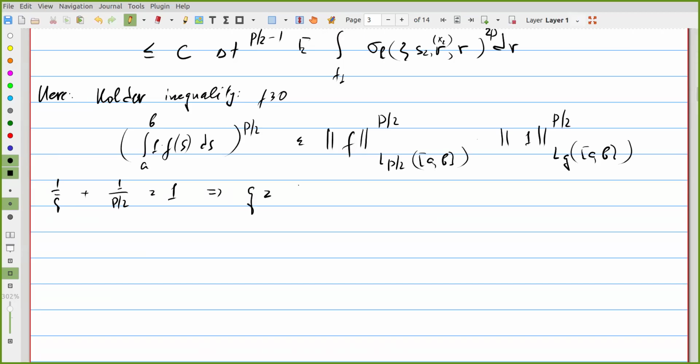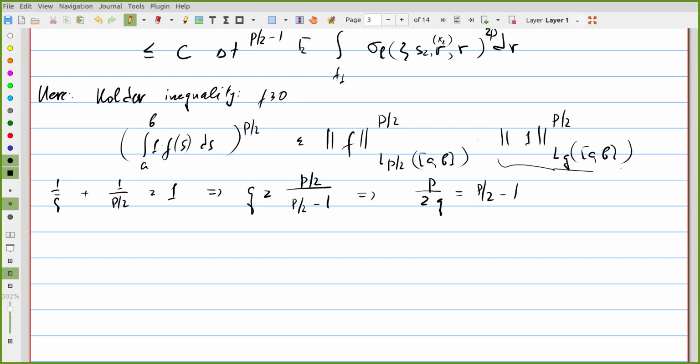So q is equal to p over 2 minus 1, that p over 2 q should be equal to p over 2 minus 1.